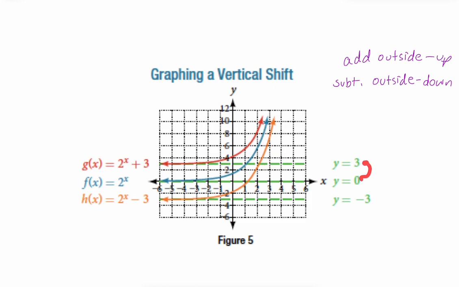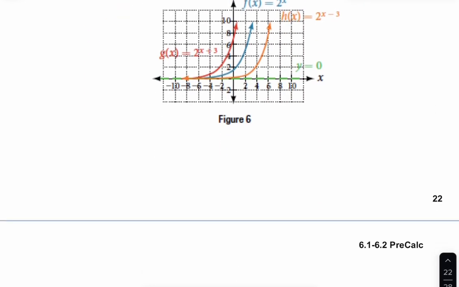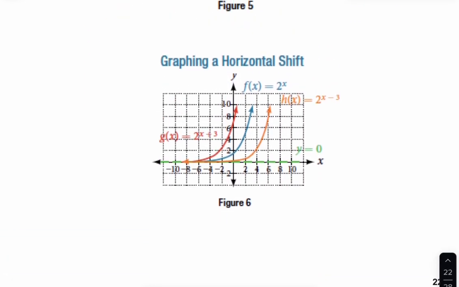This one moved up 3, this one moved down 3. So move that horizontal asymptote with it. That will make things go a little smoother, okay? That's something we've done before. If we want to move it left and right, if we add on the inside, it's going to go left.